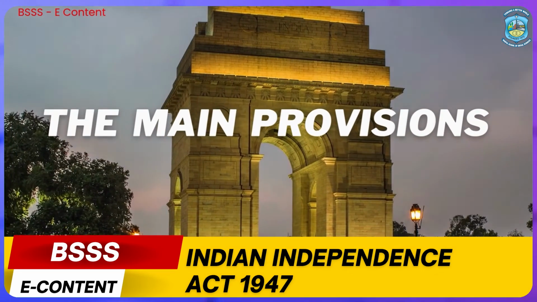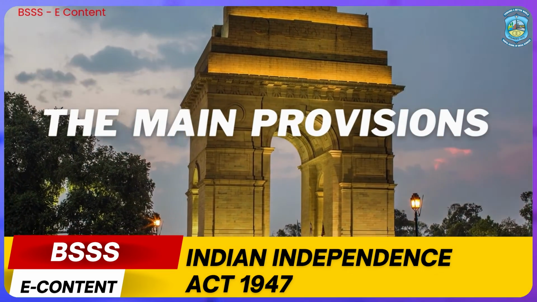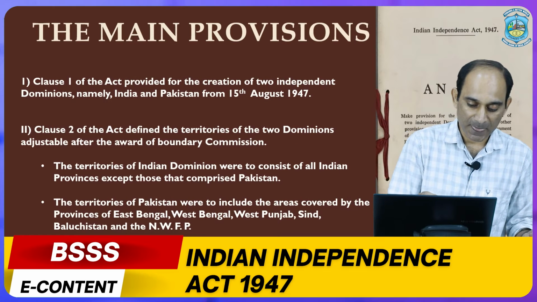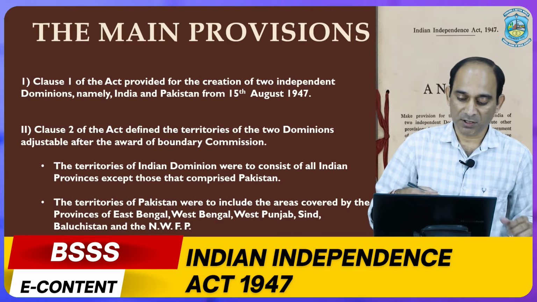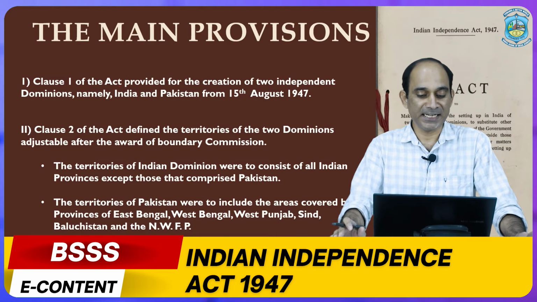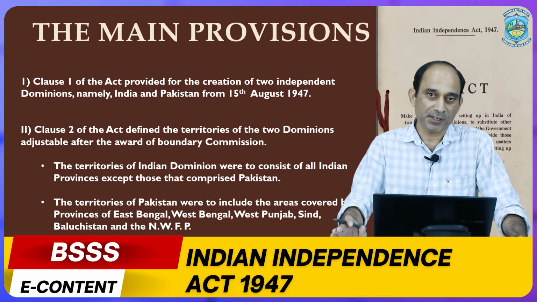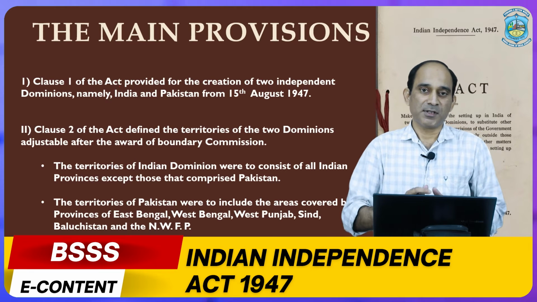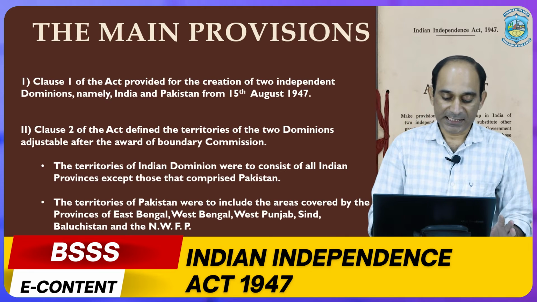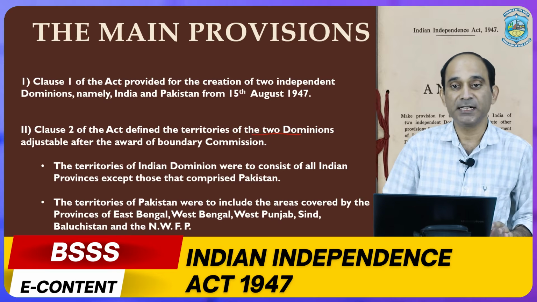The Indian Independence Act of 1947, its first clause says, provided for the creation of two independent dominions, namely India and Pakistan, from 15th August 1947. Clause 2 of this act defines the territories of these two new dominions.